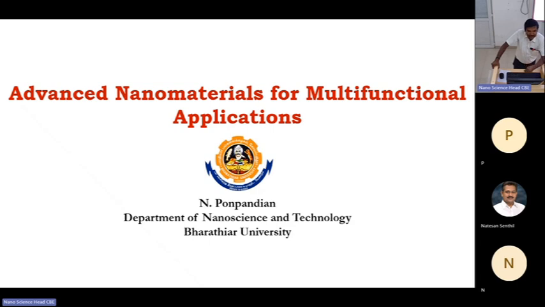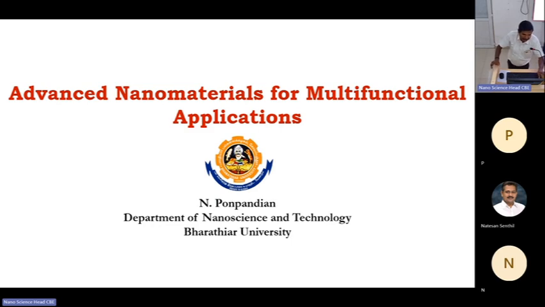You can prepare the 1 dimensional nanoparticle for that application. Like that, the 2 dimension needs some kind of application, and likewise the 3 dimension. If you take any material, by suitably modifying the preparatory conditions, you can design your nanoparticle. That is called a designer nanoparticle.